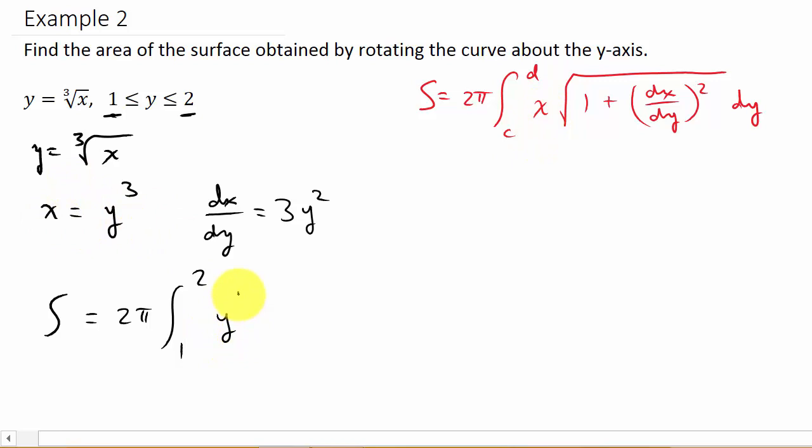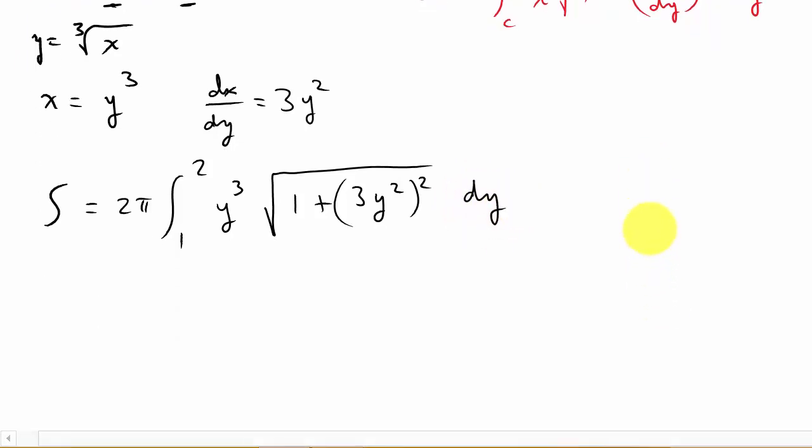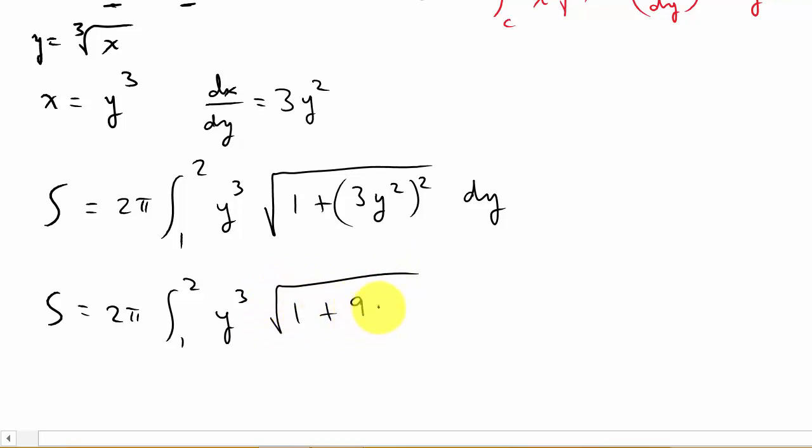It's y cubed, times the square root of 1 plus the derivative squared. So dx dy is 3y squared, squared, dy. And so S is 2 pi times the integral from 1 to 2 of y cubed times the square root of 1 plus 9y to the fourth dy.